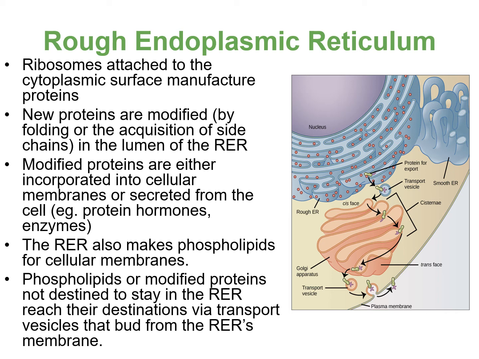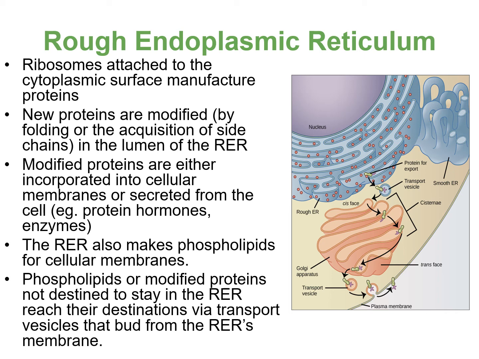The rough endoplasmic reticulum also makes phospholipids for cellular membranes. If the phospholipids or modified proteins are not destined to stay in the rough endoplasmic reticulum, they will reach their destinations via transport vesicles that bud from the rough endoplasmic reticulum's membrane.